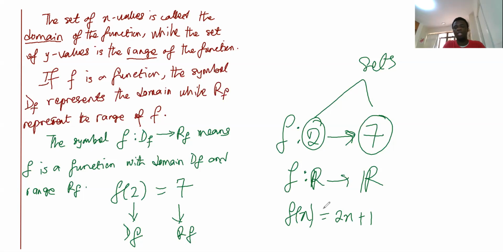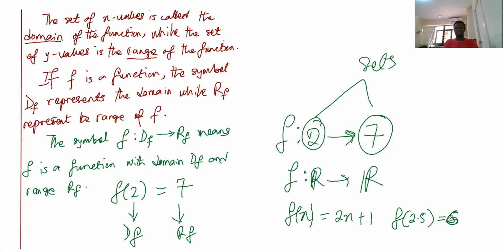It means all the elements that can be used are in R, and all the elements that can be produced are in R. Question, for this definition, can I say f of 2.5 equals 6? Guys, answer that question. Can I say that? Krista said yes. Lillian said yes. Okay, good. Yes, you can say that.